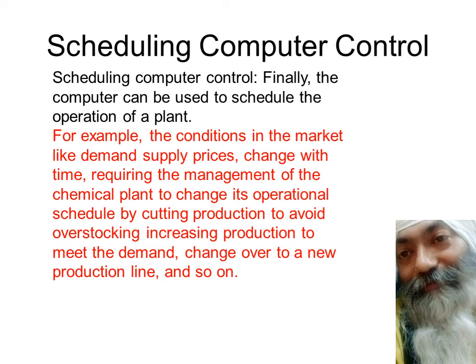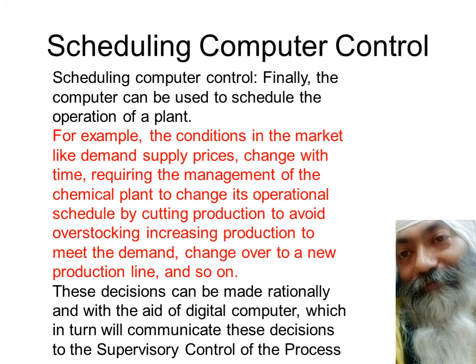The conditions in the market keep on changing. The demand, supply, prices keep on changing. The requirement is that we have to cut the production cost. We don't want overstocking. We don't want the stock to go nil. We want more products, new products to be made in the product line and so on.